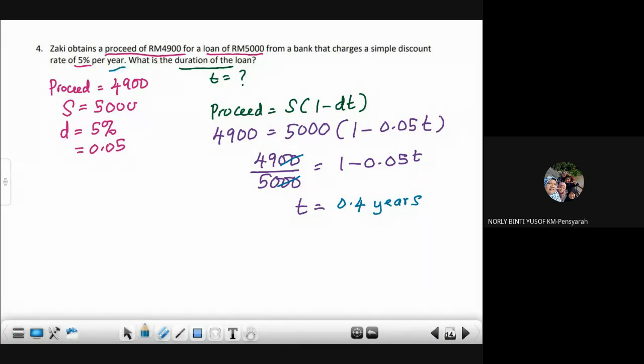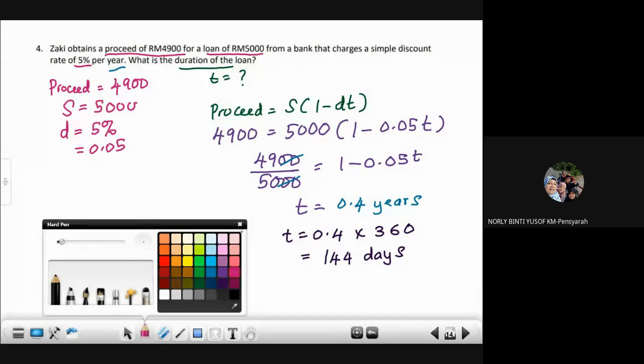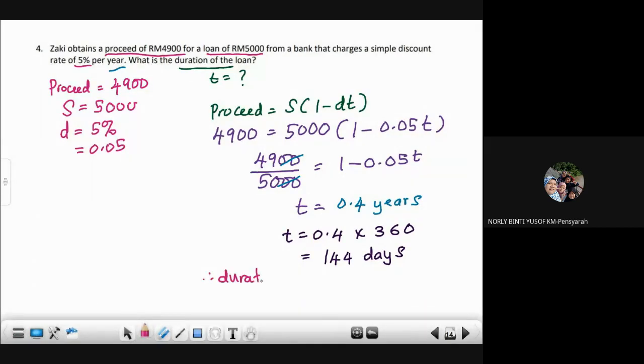So you kena tukar lah dalam days. Okay, so tukar, change to days. So you have to times with 360. Selalu bila you nak masuk dalam formula, you bahagi 360. Sekarang you nak jawapan duration dia in days kan, walaupun soalan tak cakap in what days, tapi you have to turn to days lah. So you times 360, 145 days. So thus you pun cakap the duration of loan is 145 days.